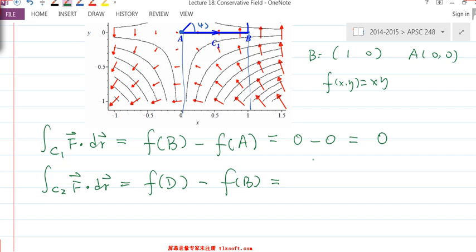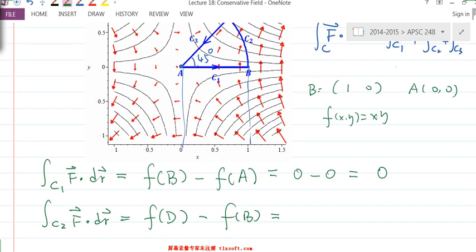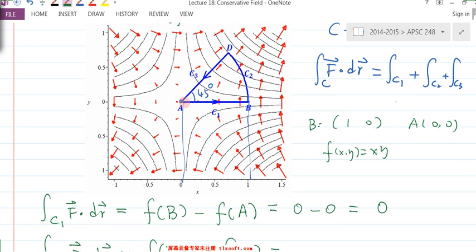What are the coordinates for the location D? This is 1, and this is 45 degrees. The coordinate of D is: this portion is x and this portion is y. So 1 times cosine 45 gives you x, and 1 times sine 45 gives you y.